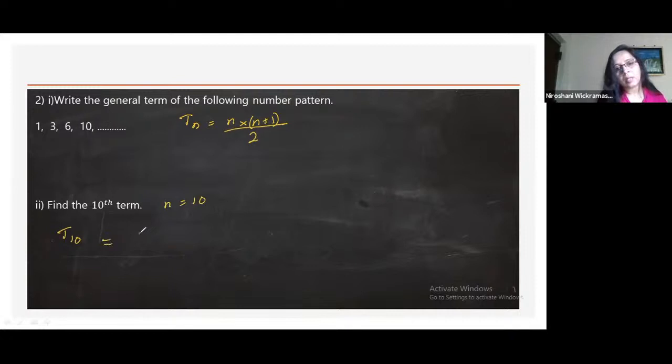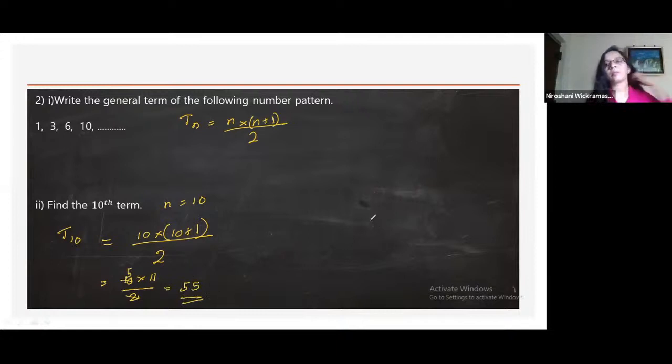T10 equals 10 into 10 plus 1, divide by 2. 10 into 11 divide by 2. 5 times 11, 55. T10 equals 55. The 10th term is 55.